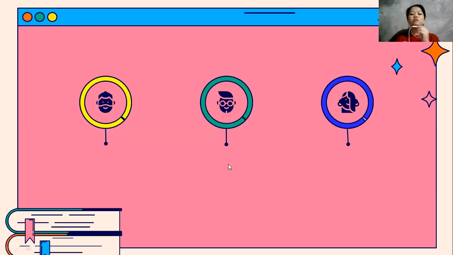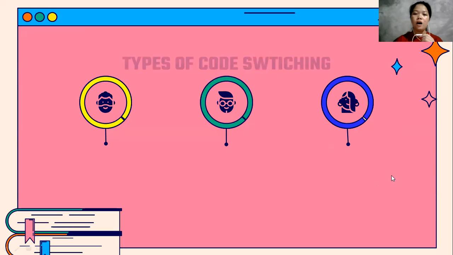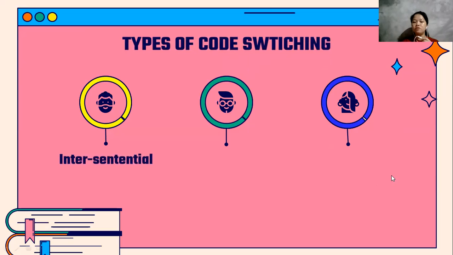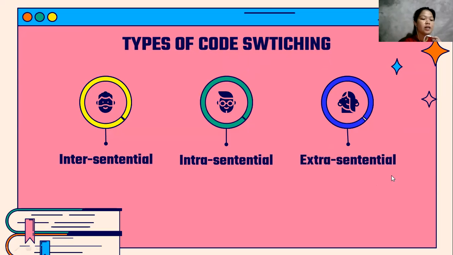Now, we have three types of code switching: intersentential, intrasentential, and extrasentential. In intersentential code switching, the language switch is done at sentence boundaries, with words or phrases at the beginning or end of the sentence. This type is seen most often in fluent bilingual speakers.